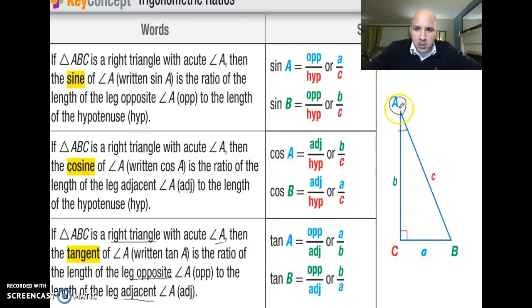So opposite angle A. You can look at the anchor chart for this. This is my opposite, and this will be my adjacent. The definition for tangent will be opposite over adjacent.